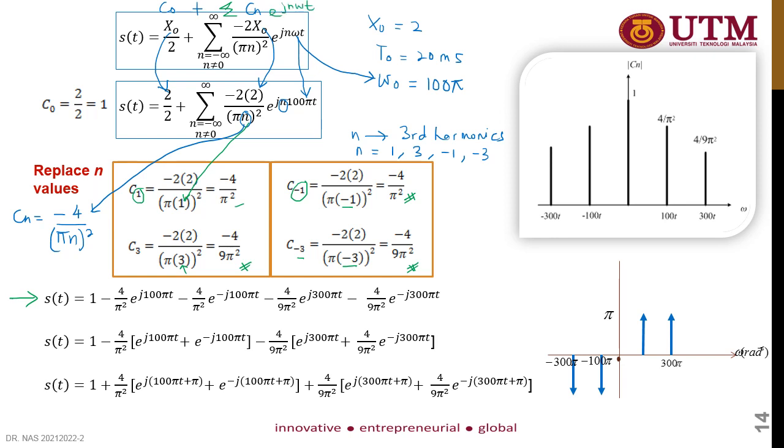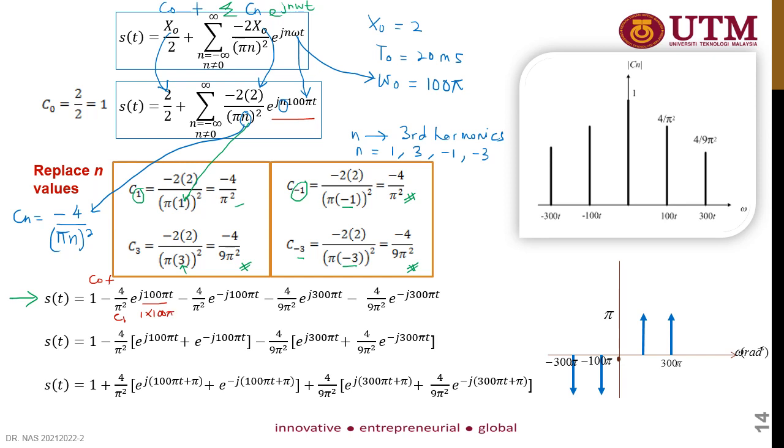So this is your C0, plus C1. Supposedly plus, but your C1 is negative. So this is your C1, times e^(jn omega t), with n equal to 1 in this case. That's why e^(j1 times 100 pi t).